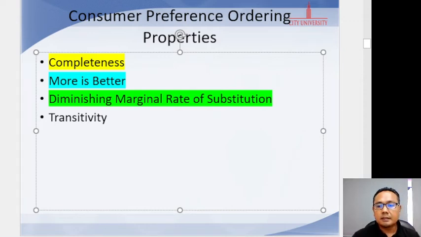That is the concept of diminishing marginal rate of substitution. This assumption implies that indifference curves are convex to the origin.